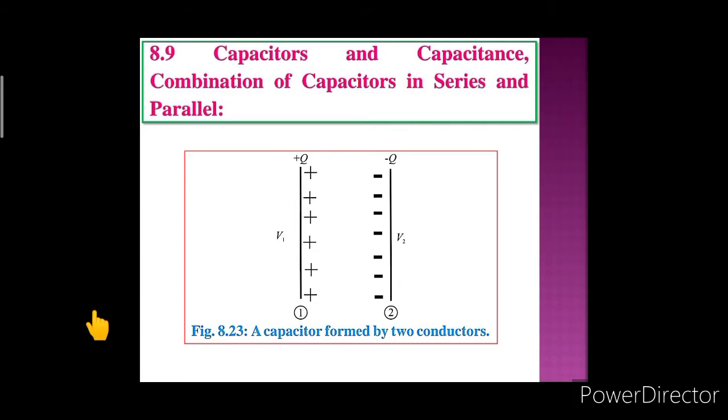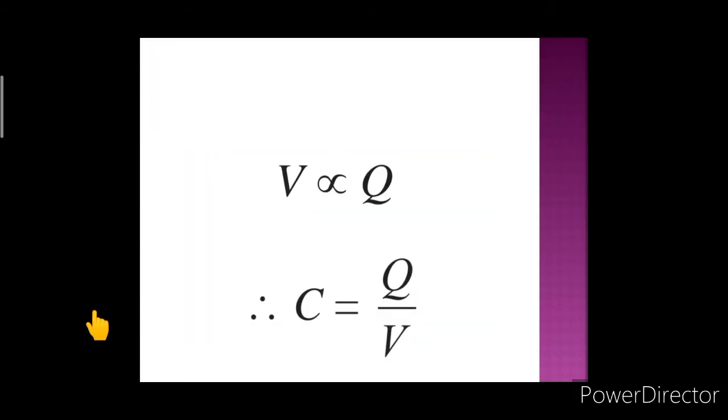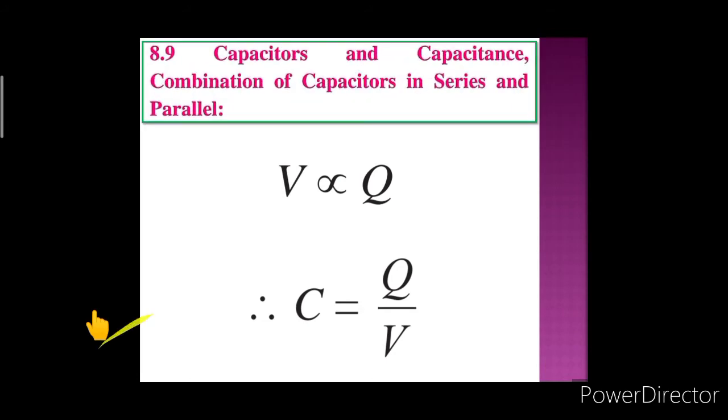As this work done is proportional to Q, the potential V is directly proportional to Q. Removing the proportionality sign, a constant comes in, which we give as C, and we get C equal to Q upon V. The ratio Q upon V is a constant, and this constant C is called the capacitance of the capacitor, which depends on the size, shape and separation of the system of two conductors.